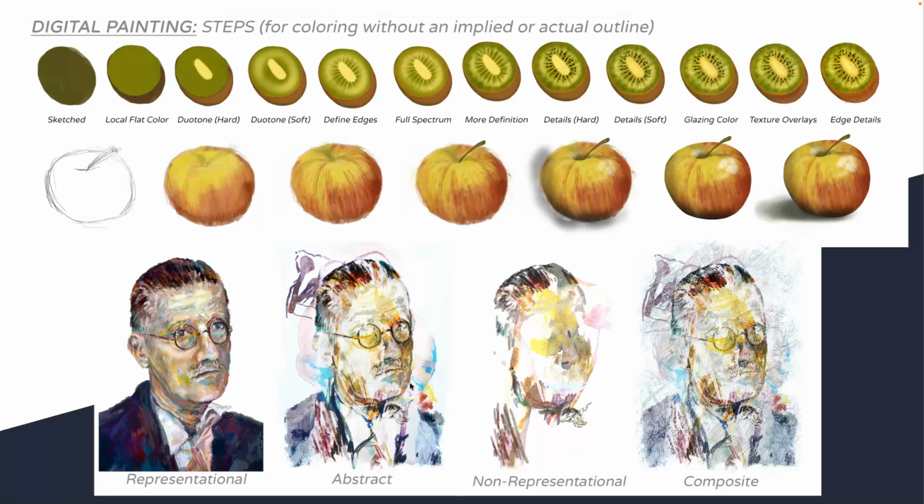Abstraction is another kind of way you can stylize your digital painting. It's where you exaggerate certain things. You can think of it as caricature. You can think of it as just being more experimental with your mark making. And you just don't want to abstract it so much that it no longer looks like a recognizable thing, if that makes sense. That's still painting, but that isn't going to be a portrait or an animal anymore.